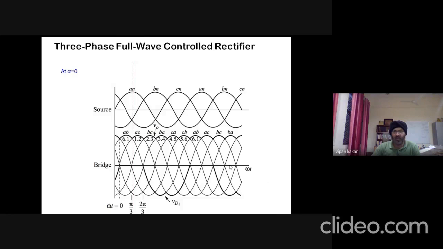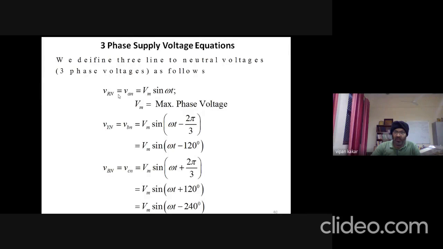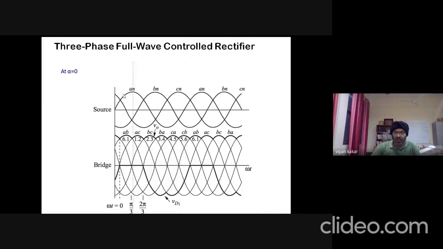You can see here, this is for angle alpha equal to 0. These are the 3-phase input supply. Van is Vm sin omega t.